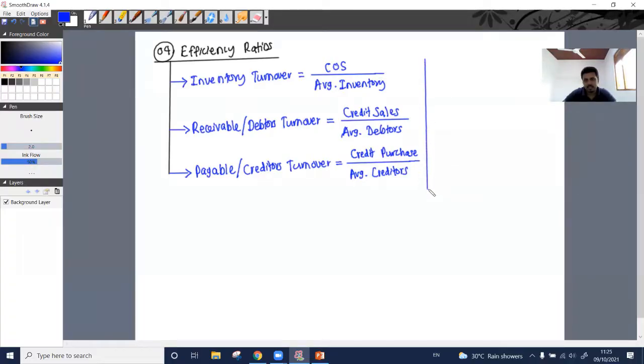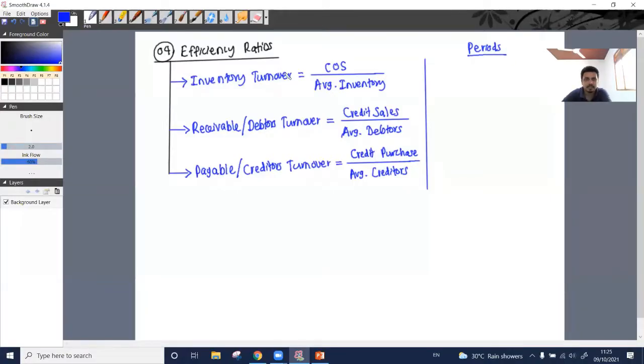So here we can compute the periods or the number of days. Right?